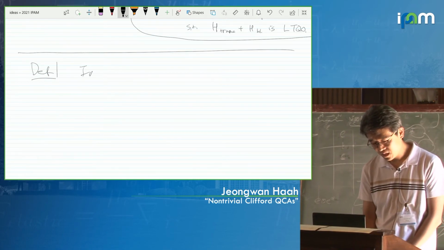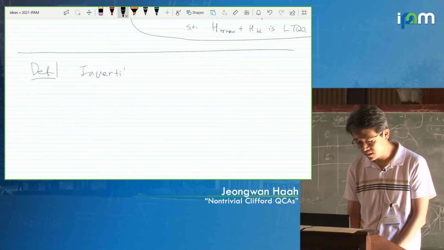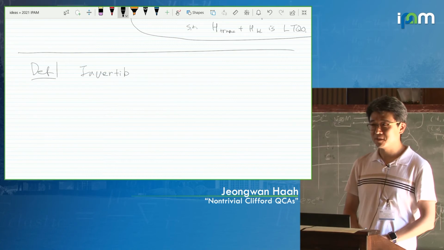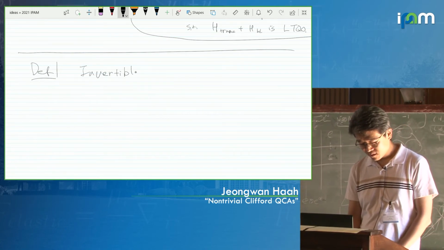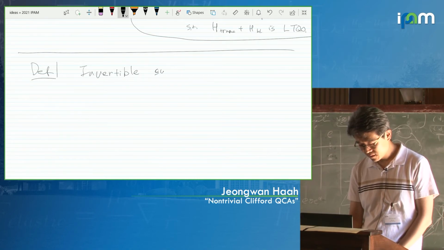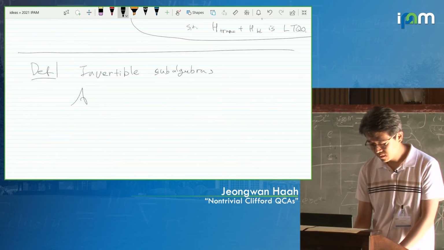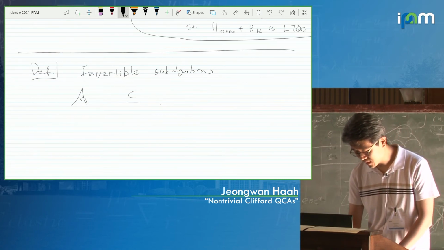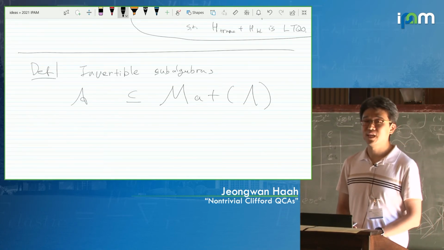I suspect it may have been discussed in some operator algebra context, but I have not heard of any. I imagine a subalgebra contained in the operator algebra on your lattice.